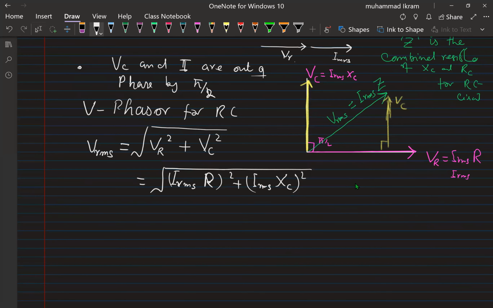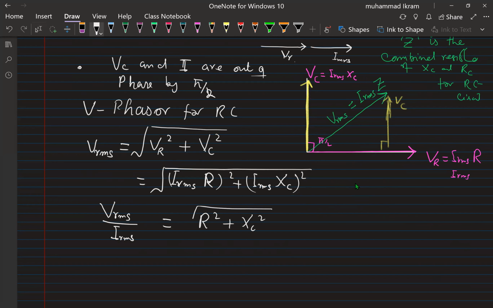This square and this square will be taken common, so Irms comes out, and this will be equal to root of R square plus XC square.